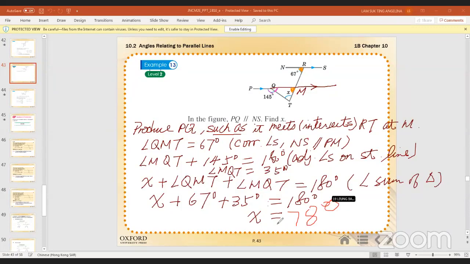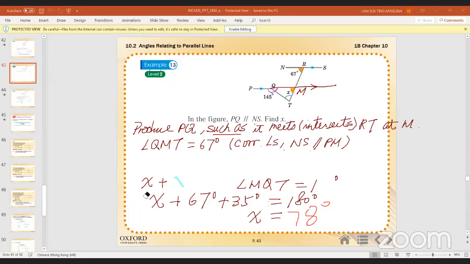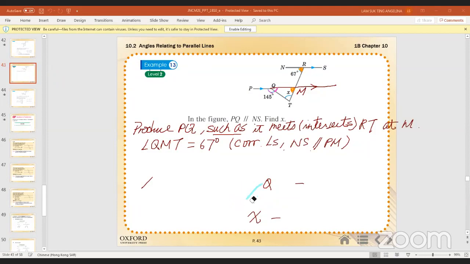Yes, right. But there's another faster way to do. There's another faster way to do. Do you know? Okay, let me show you once again. The faster way is that we don't need to find this one. If you look at 145 degrees, it is outside the triangle.